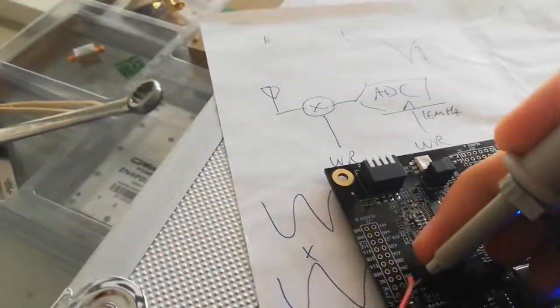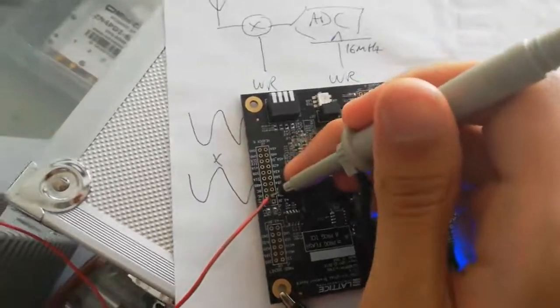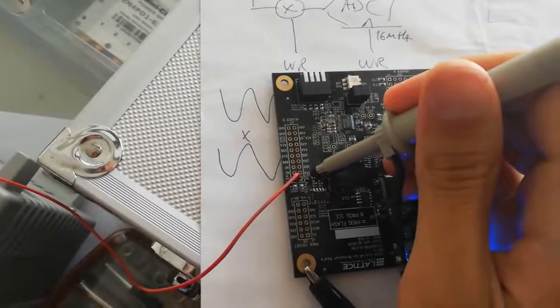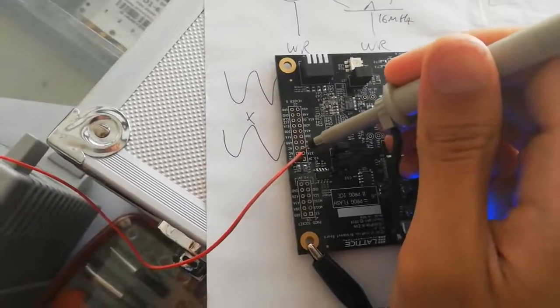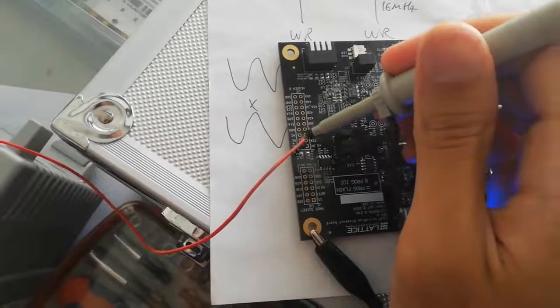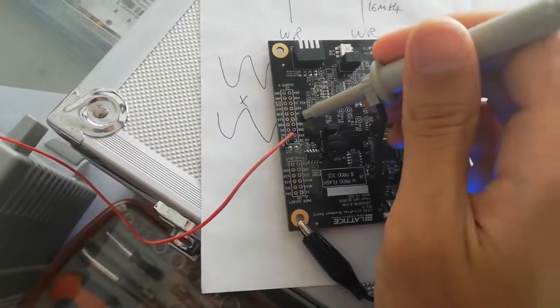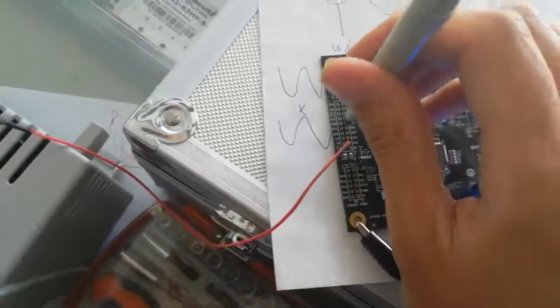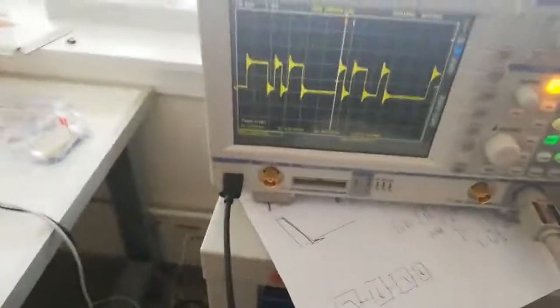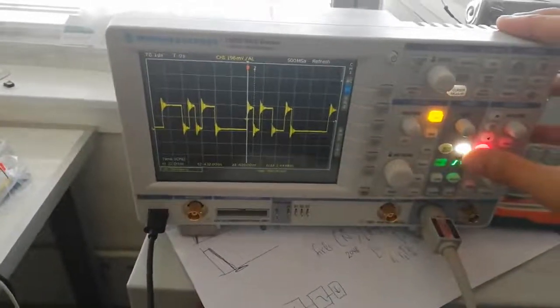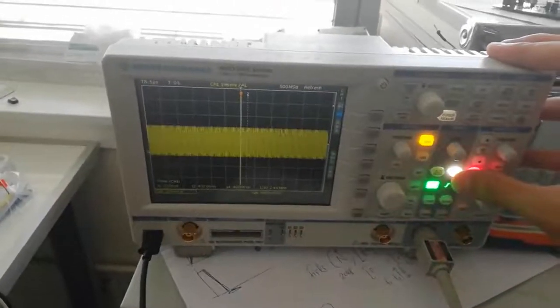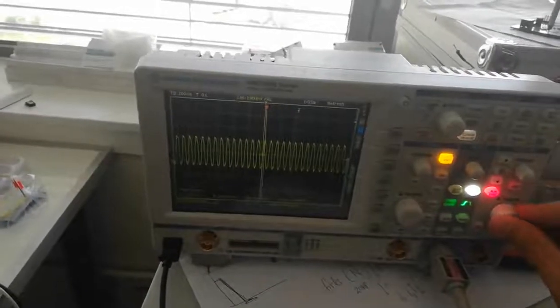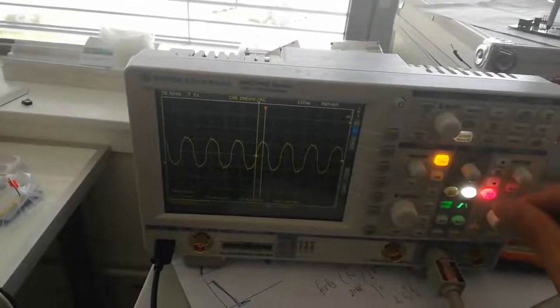So here we have signal, pin 1, 2, 3, 4, 5, 6, 7, 8, 9, 10, 11. That's where we put the clock. And now if we run this, we get this kind of signal.